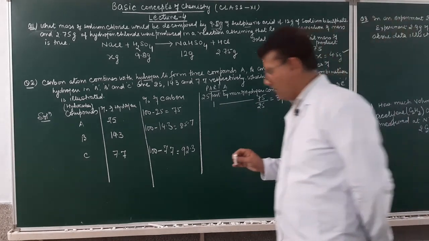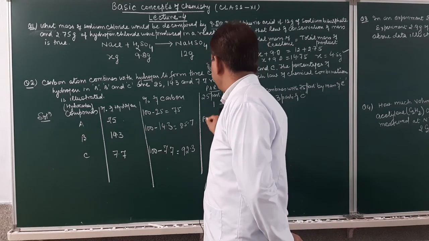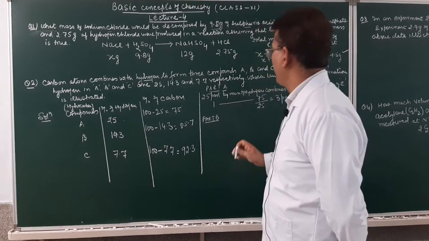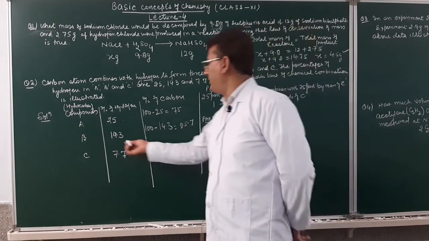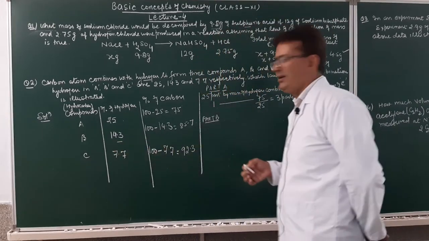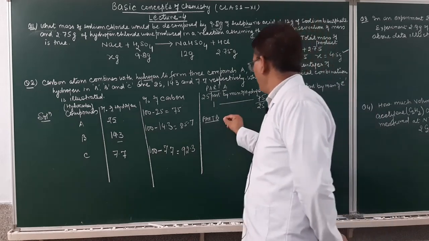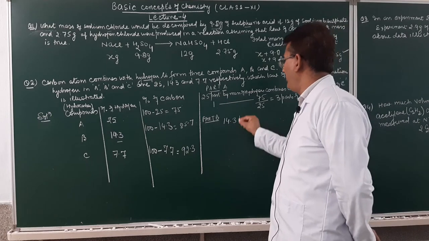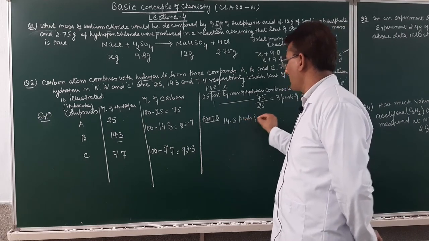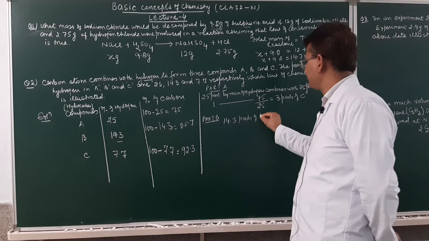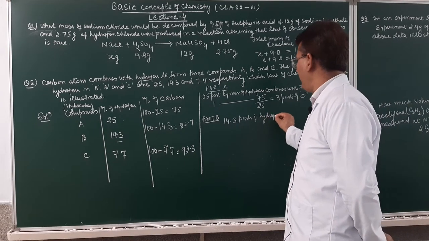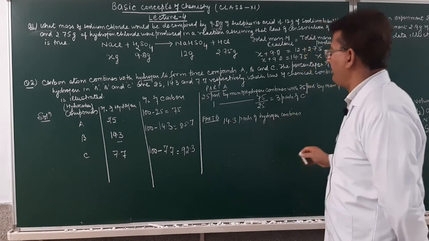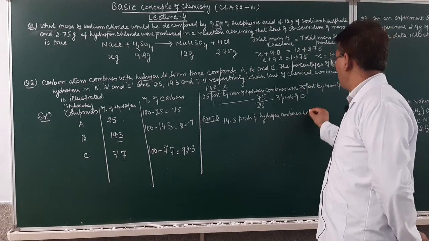1. Now if I take part B, if the mass of hydrogen is 14.3, what is the mass of carbon? 85.7. So 14.3 parts of hydrogen combines with 85.7 parts of carbon.